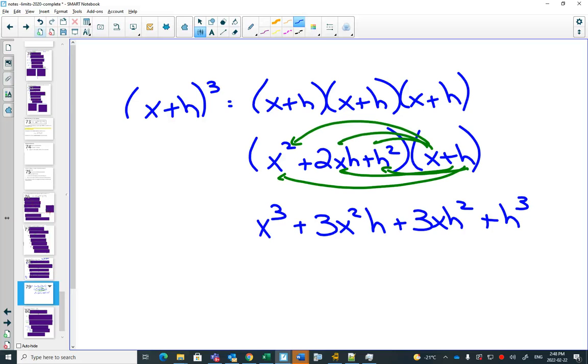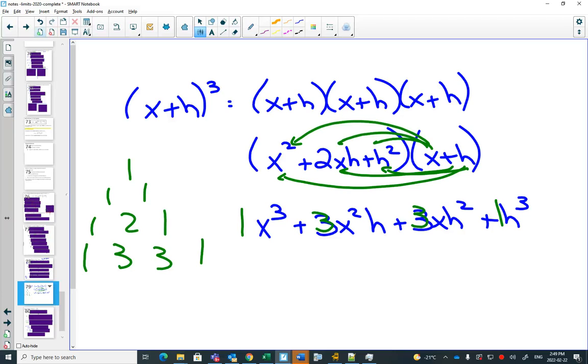If you look at the coefficients here, 1, 3, 3, 1, those coefficients could come from Pascal's triangle, and we could use the binomial theorem to expand that quicker. If you haven't done the binomial theorem yet, then you just have to multiply it out like we did here to simplify and get the answer.